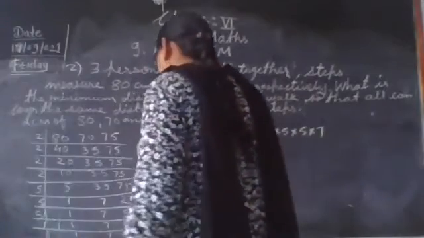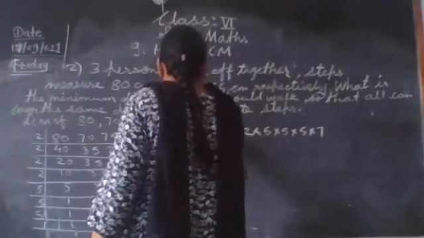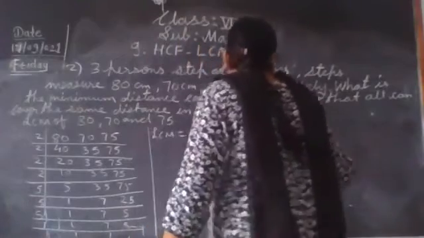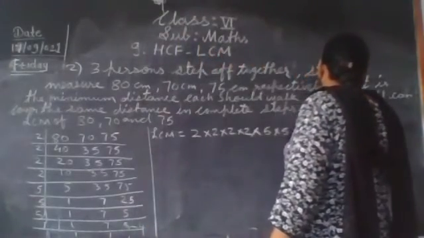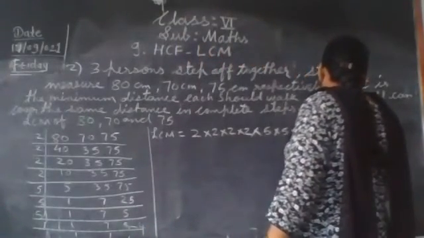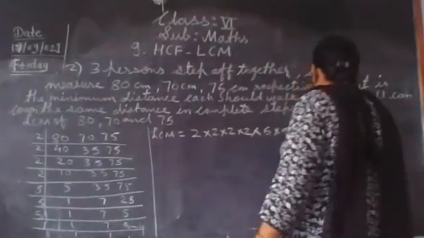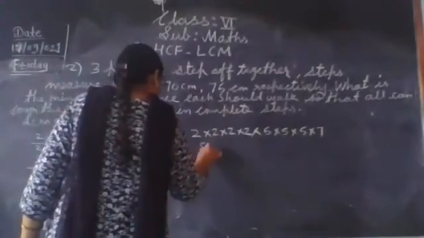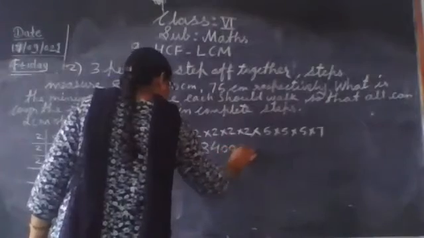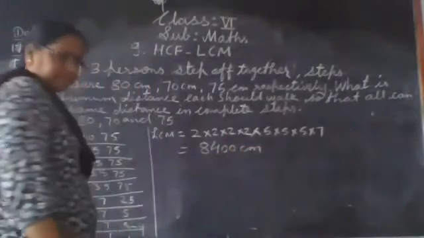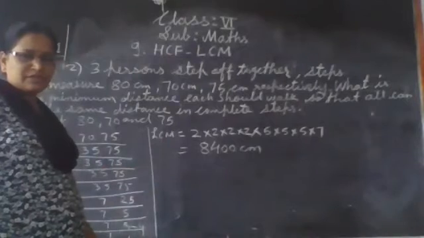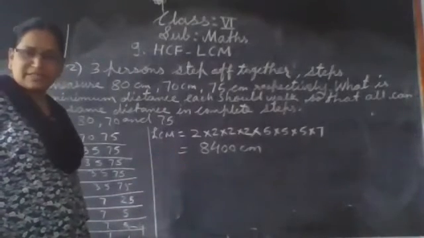So multiply all. 2 twos are 4, 4 twos are 8, 8 twos are 16, 16 fives are 80 and so on. So it is what, beta? 8400 centimeter.